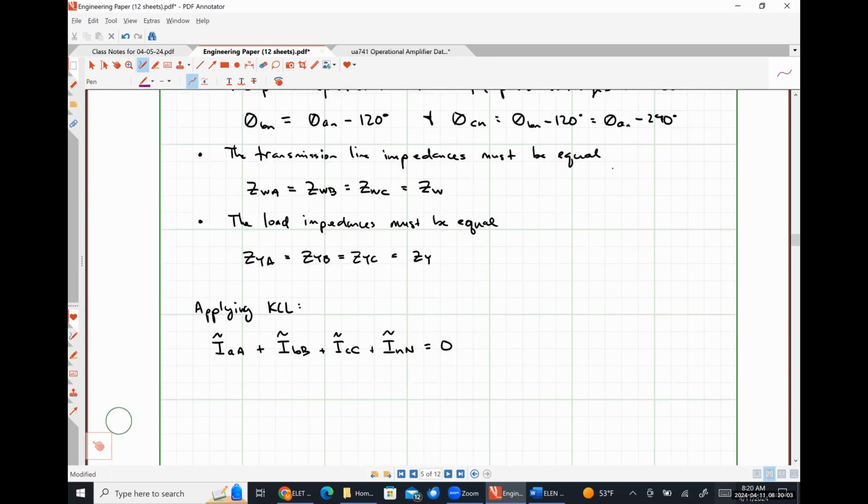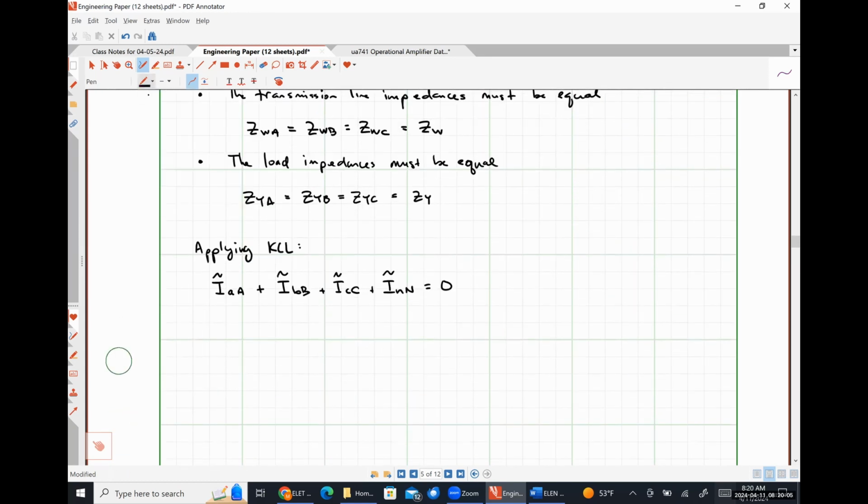So I can call that current IAA equal to VAN minus VNN. That's my voltage drop. Now I'm going to divide by my impedance, so this is going to look like ZWA plus ZYA.